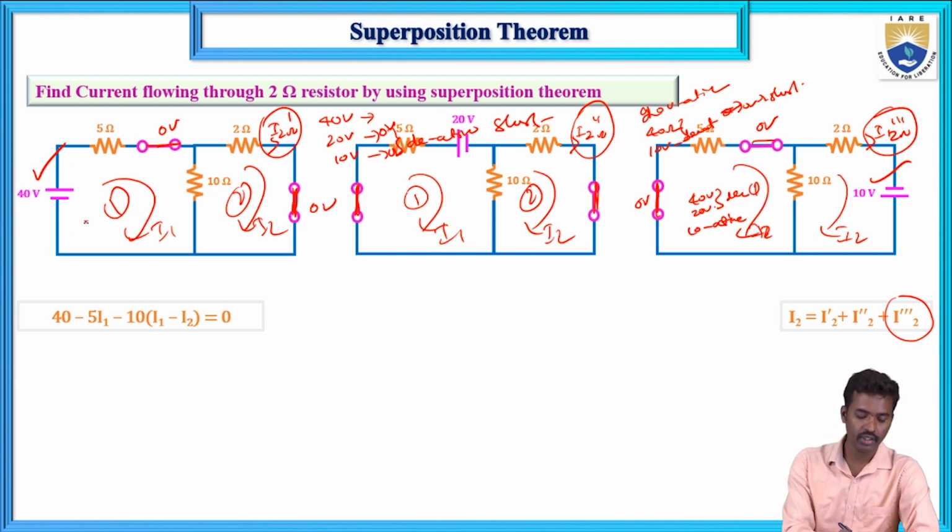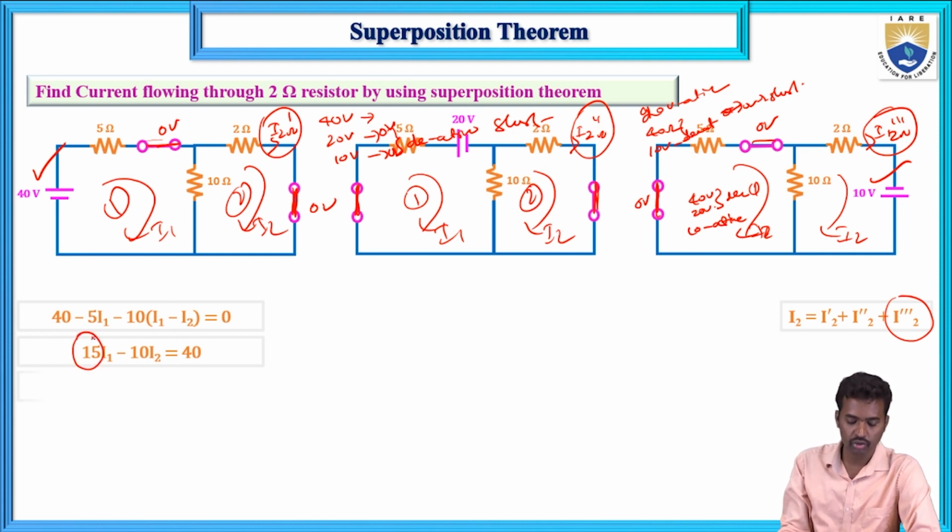Now 40 minus 5 I1 minus 10 (I1 minus I2). There is no 20 volt source, that value is 0, and the simplified equation is 15 I1 minus 10 I2 equals 40, since 10 plus 5 is 15.